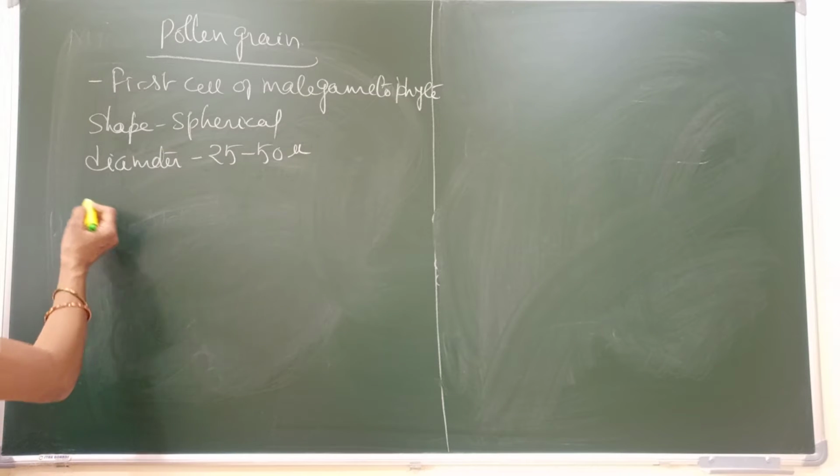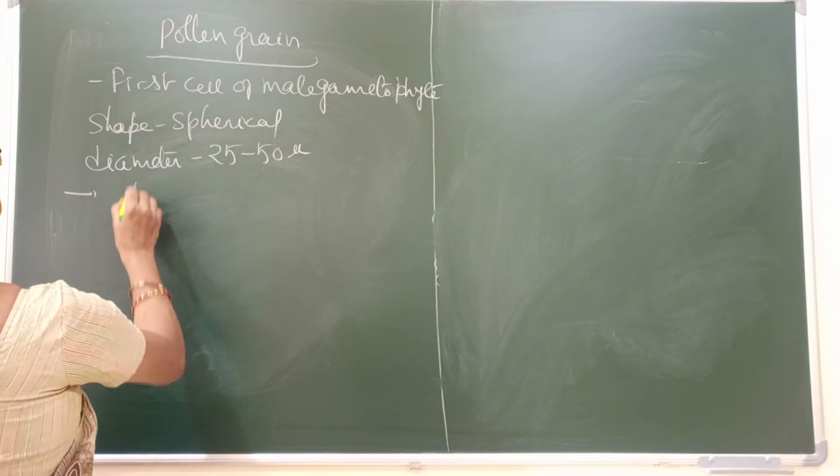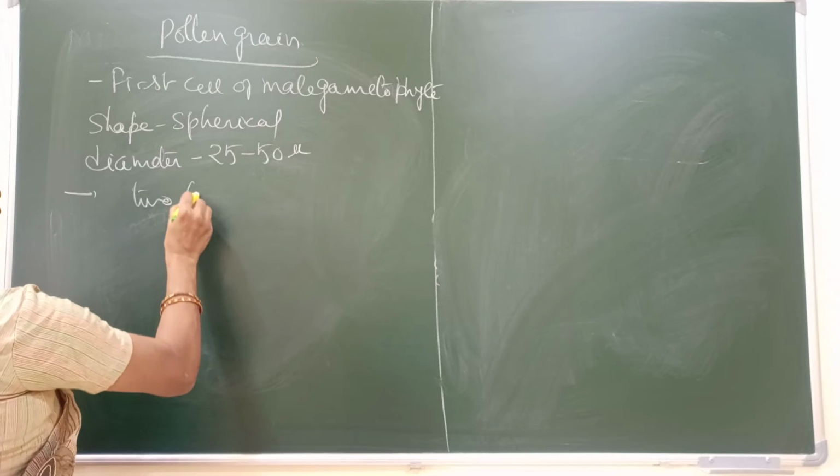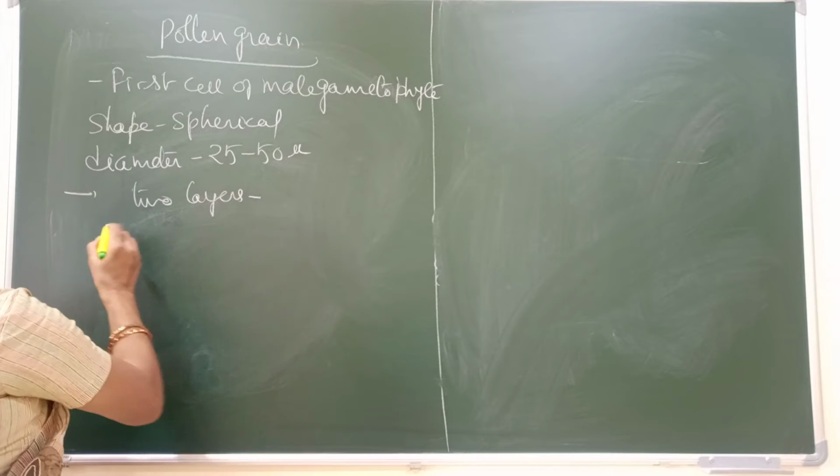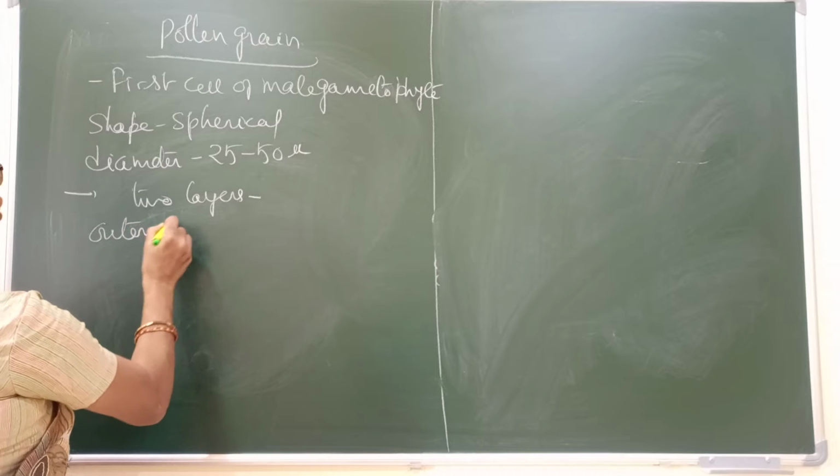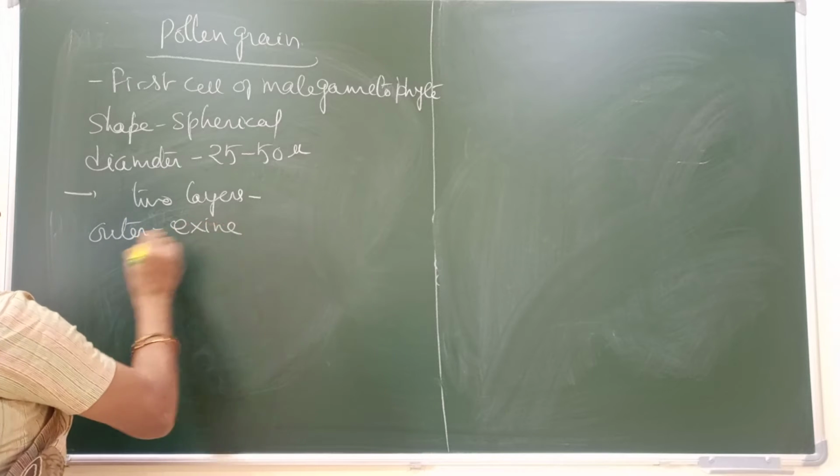And pollen grain is made up of two layers. The outer layer is called exine.